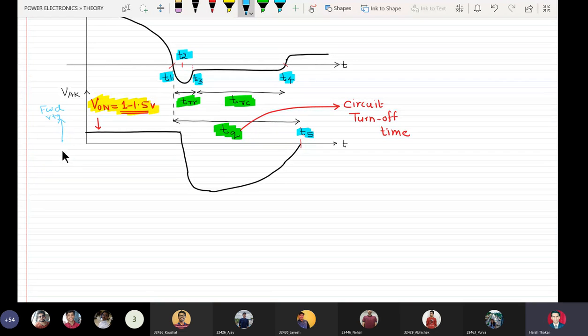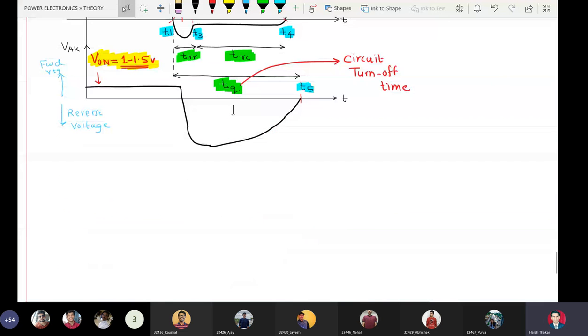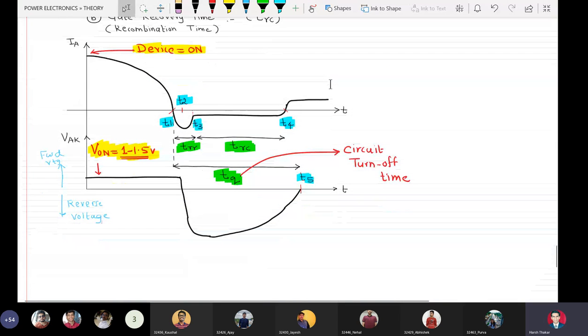Forward voltage, reverse voltage. So now we'll give some description about what is happening at what instant of time.